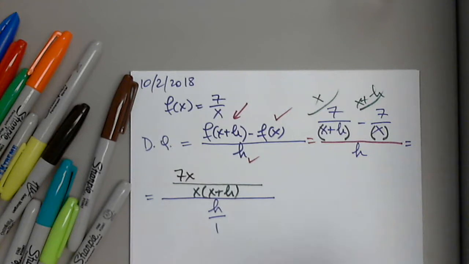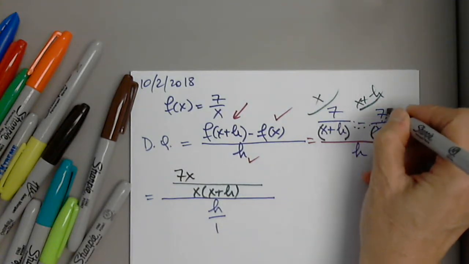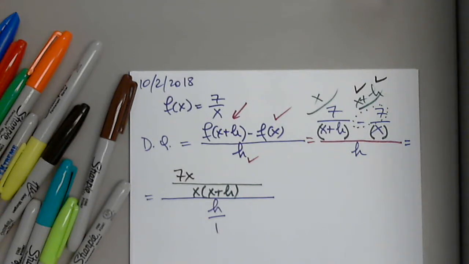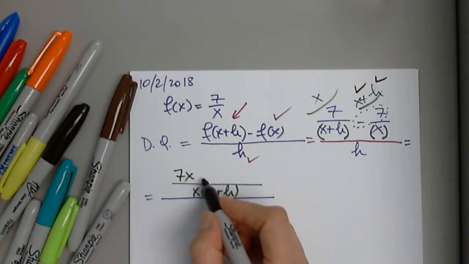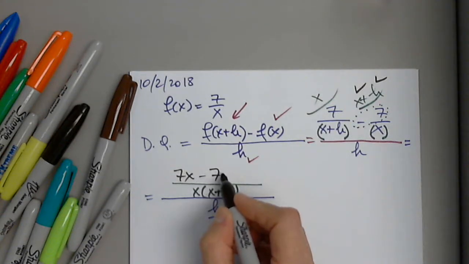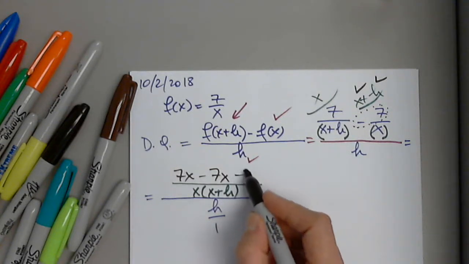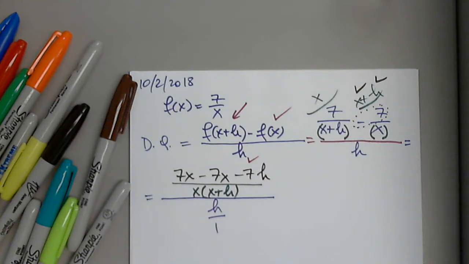But be very careful. We are distributing -7 to these two terms. Good. Minus 7h. Very good.